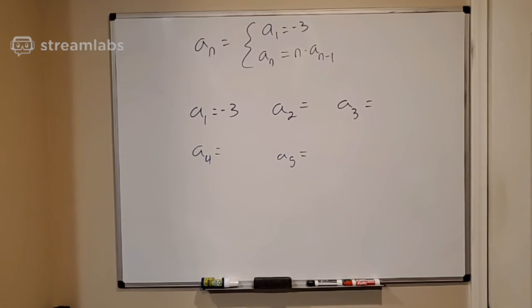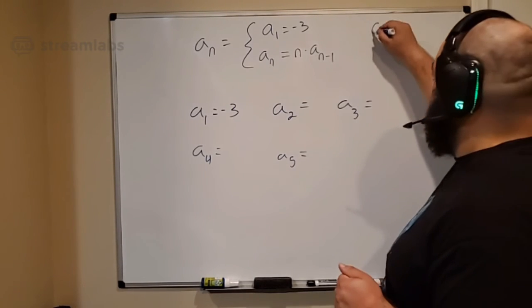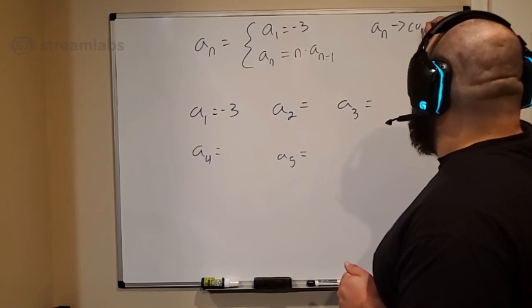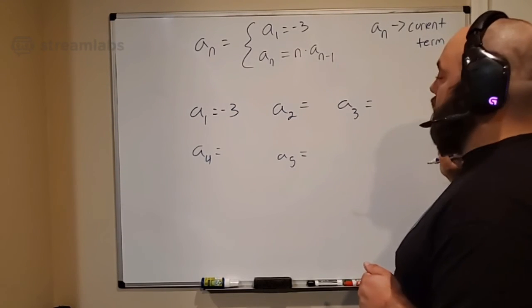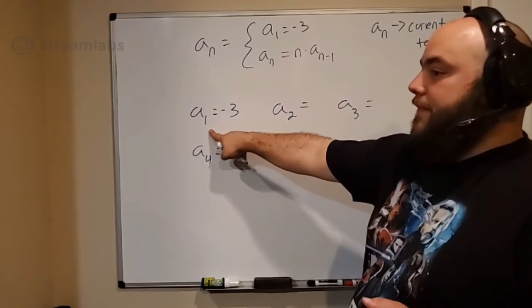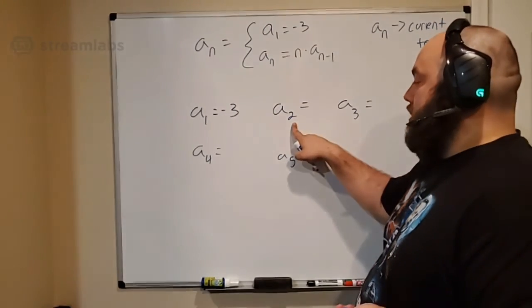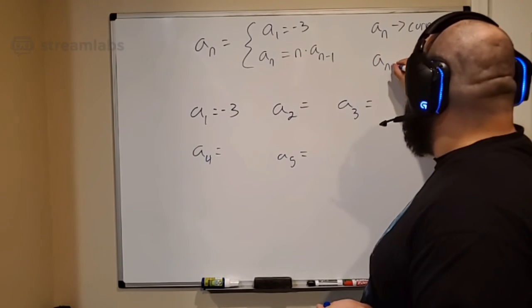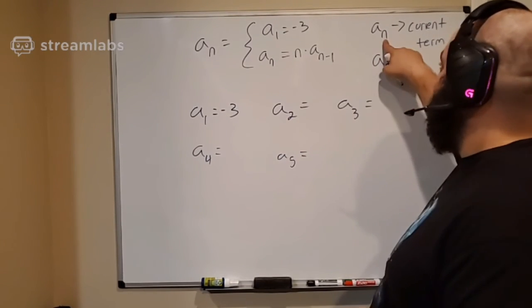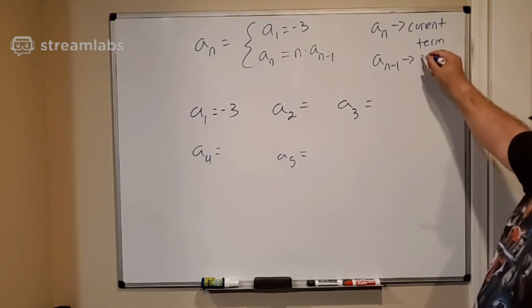Okay, so Dela says the previous term, which agrees with what Abby says above, and that's correct. So a sub n is not just our general term, but it's also our current term. For a sub 1, we're looking for the first term. For n equals 2, that's the current term. So a sub n minus 1, if n is the current term, is our previous term.